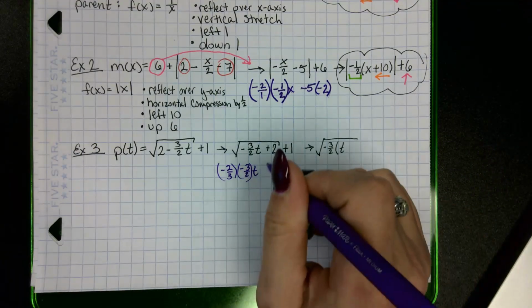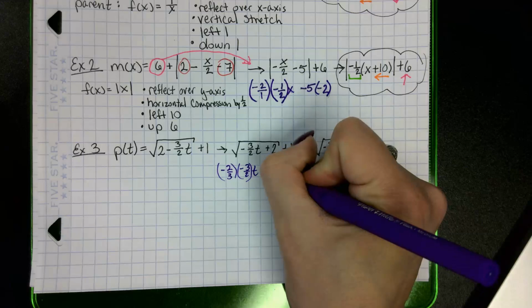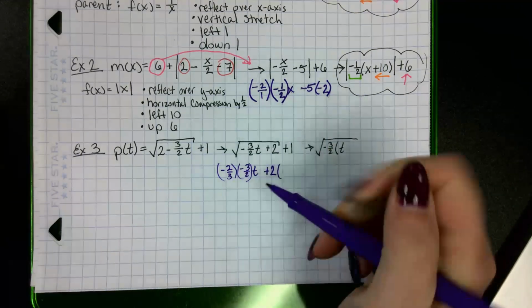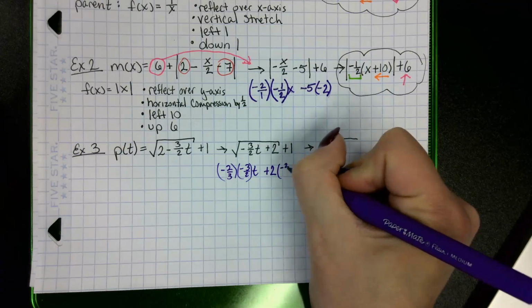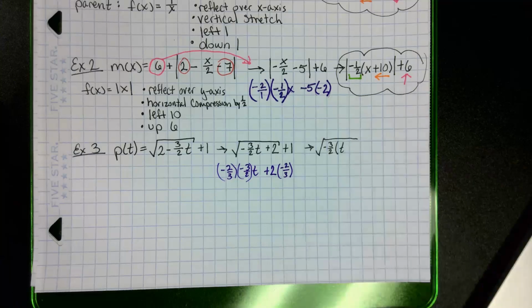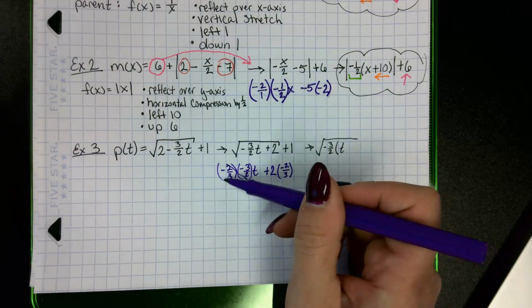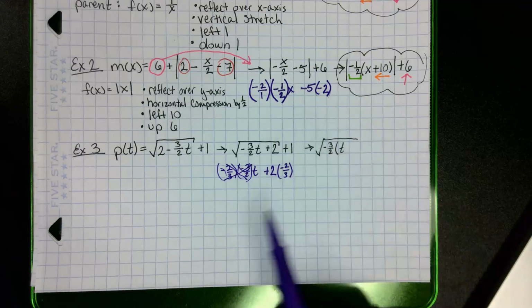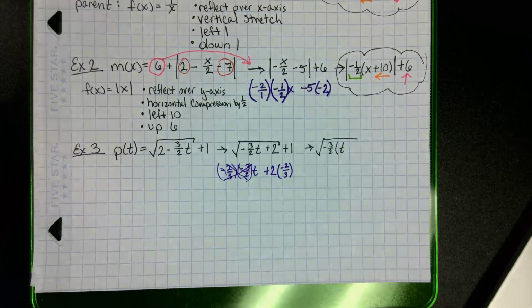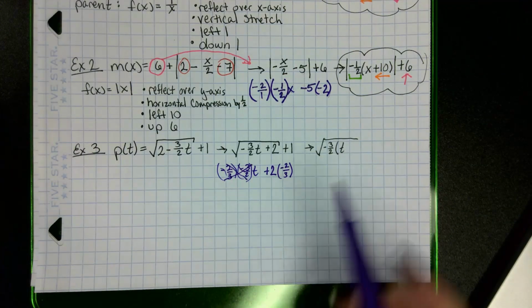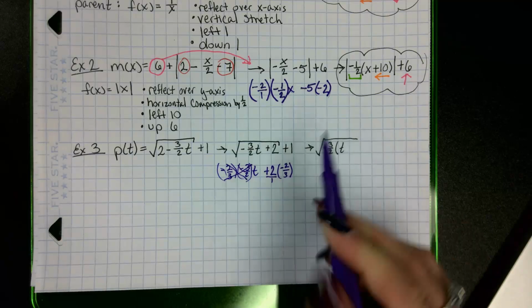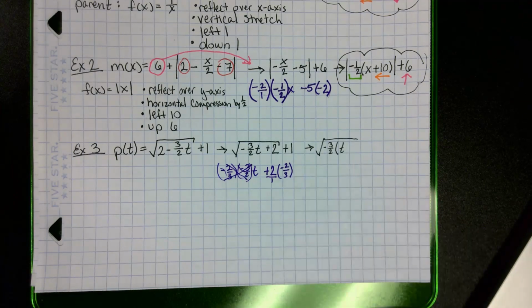And if I do it to the t, I also have to do it to this plus 2. I need to multiply it by negative 2/3. So here the 2's cancel, the 3's cancel, the negatives cancel, and it's just t. And then plus, this is like 2 over 1, so 2 times negative 2 is negative 4. And 1 times 3 is 3, so negative 4/3.